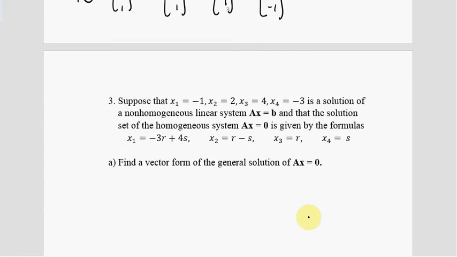Now, number 3 makes use of the superposition principle.